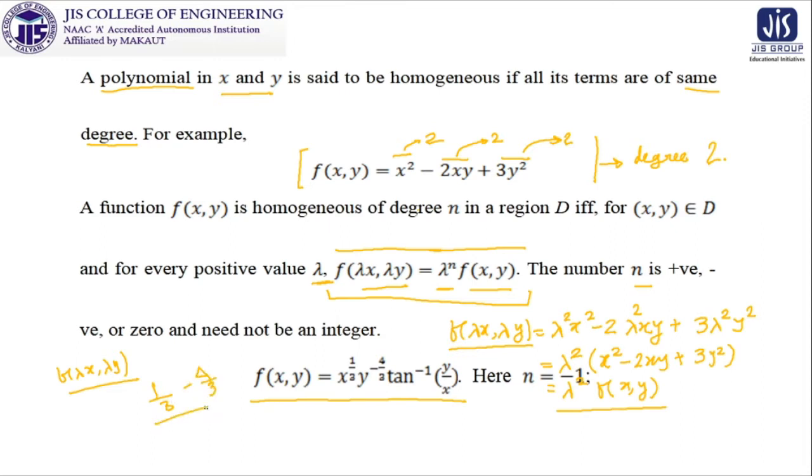So if you add them, the result is coming as minus 1. It will be a homogeneous function where the power of lambda is minus 1. So we can conclude that it is a homogeneous function of degree minus 1.